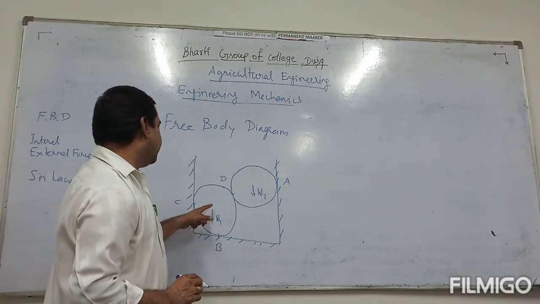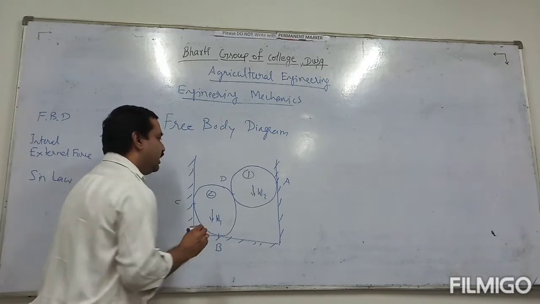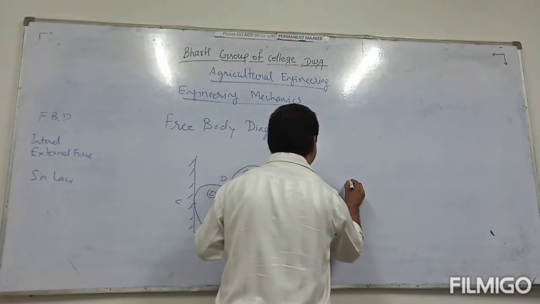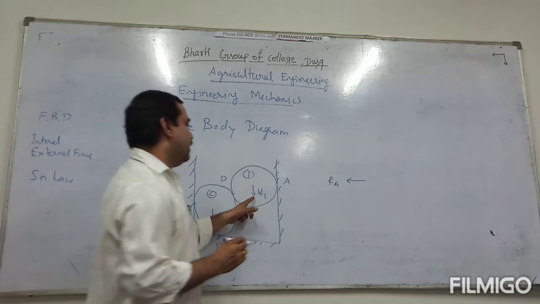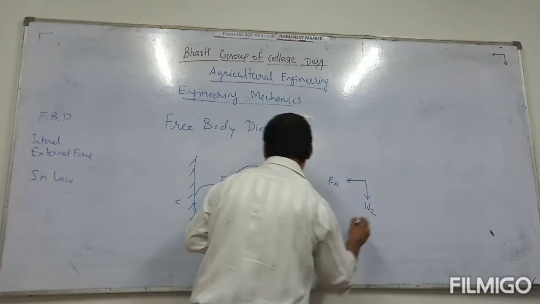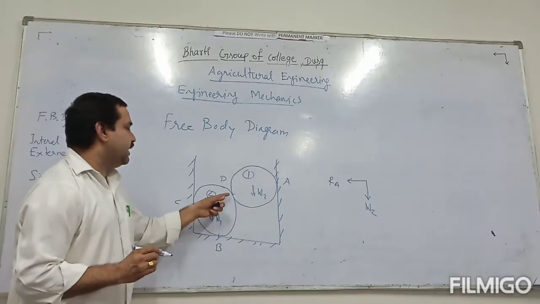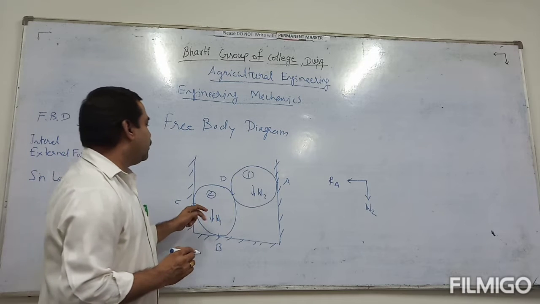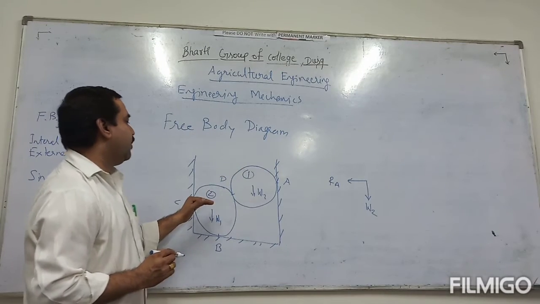Take the first ball, ball 1, and ball 2. If you want to draw the free body diagram of ball 1, then the reaction RA is acting here, and W1 is the weight working downwards. We have to replace this channel and the other ball. At the connection D, ball 2 acts with a reaction on ball 1 and ball 1 reacts on ball 2.